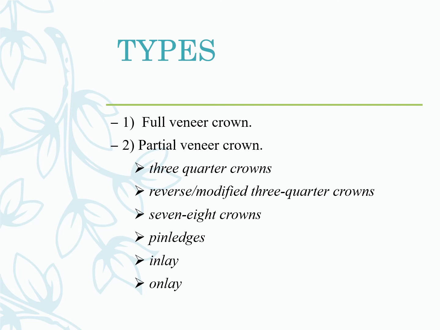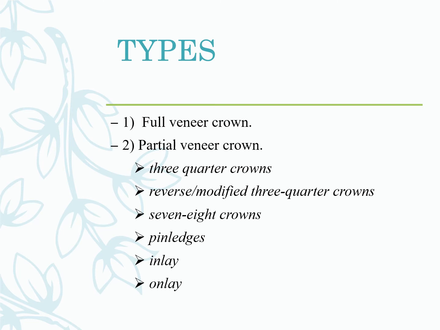Pin ledge is occasionally used, it's not very commonly used, and it is used mainly to establish an anterior guidance. What we do is we prepare the anterior teeth and it is used as a retainer. Suppose you're trying to splint 2 or 3 teeth together and you're making a fixed partial denture, and you know that your abutment is weak, it is periodontally compromised.